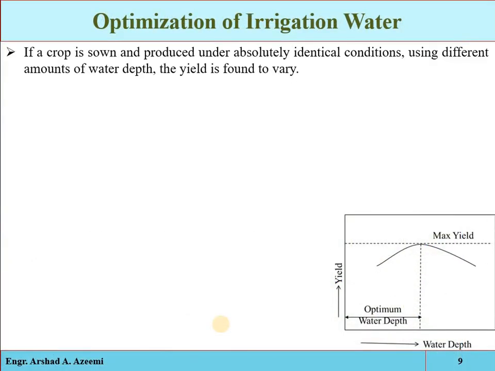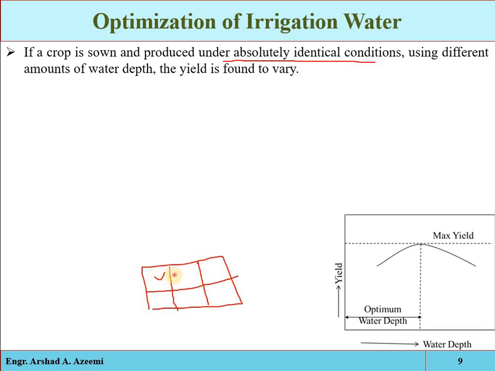We have also discussed in detail in our third lecture that, for example, if a crop is sown and produced under absolutely identical conditions, suppose you have a specific field and you divide this field into different plots.